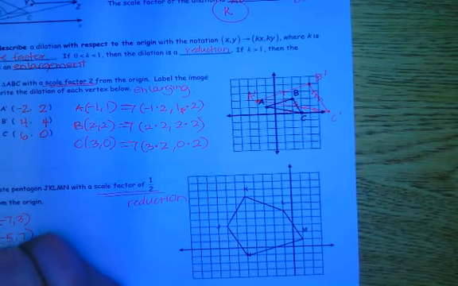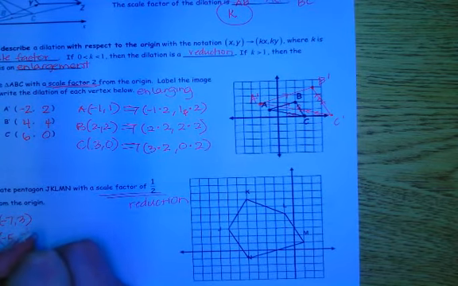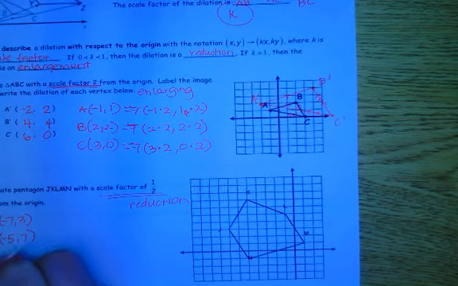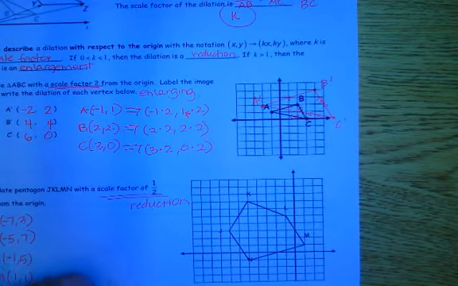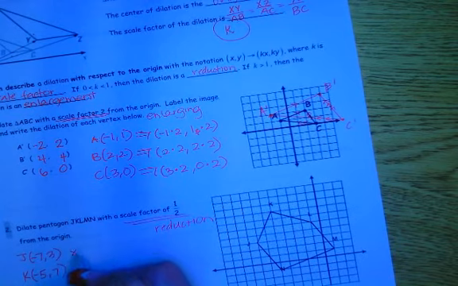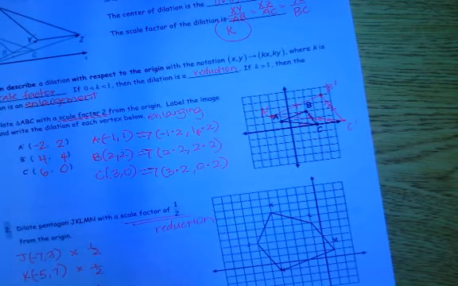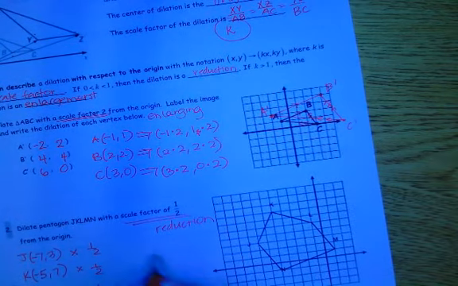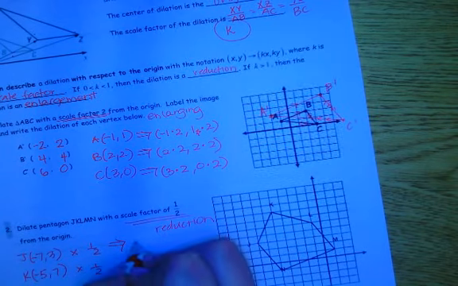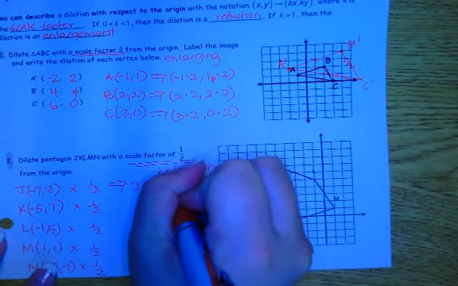L. Negative 1, 5. M. 1, 1. And N. Okay, and I need to multiply x and y by 1/2. So what is J prime going to be? -3.5, 1.5.